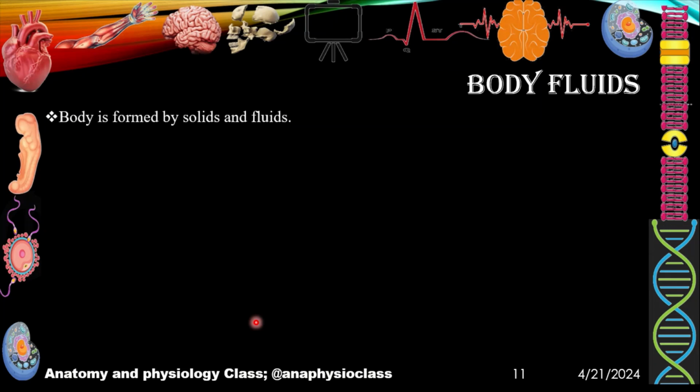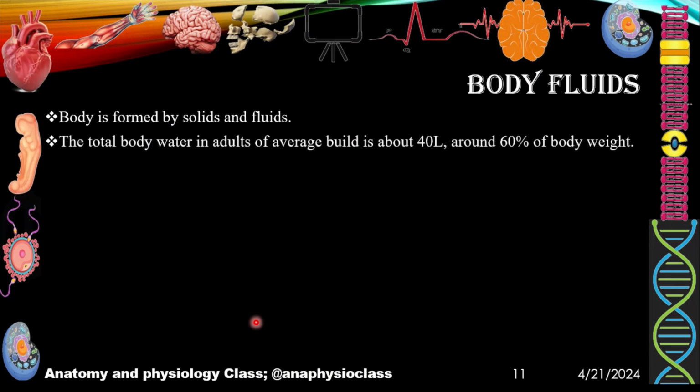So body fluids. Body fluid is formed by a combination of different solids and fluids. The fluid here is water, while the solids are the remaining components of that very fluid, which may likely be organic or inorganic in nature.